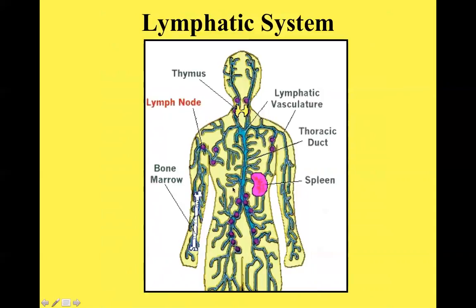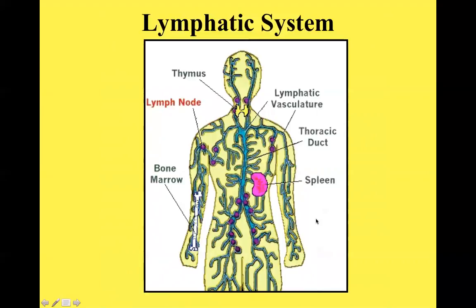We'll get to that another time. But the lymphatic system kind of overlaps with the immune system because it also is involved with producing the immunoglobulins. We'll see that in a minute. But anyway, here is the lymphatic system. It's a whole series of tubes and ducts. And we have the lymph nodes and the spleen and bone marrow and other structures as well to make up the lymphatic system.